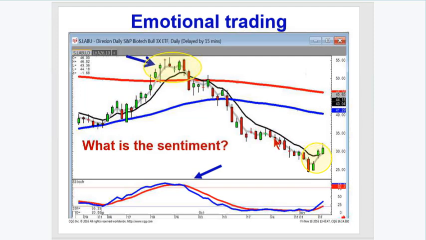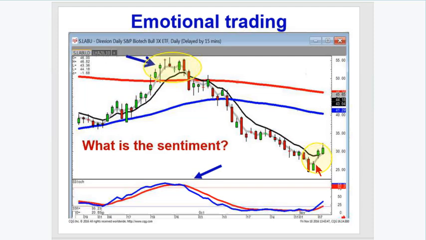If I had shorted this and stayed short all this time, when I saw the bullish harami in the oversold area, I might close out half the position, because where am I? I'm way at the bottom of a long downtrend. Stochastics in the oversold area, and I'm seeing a buy signal, even though it hasn't confirmed by closing above the T-line.